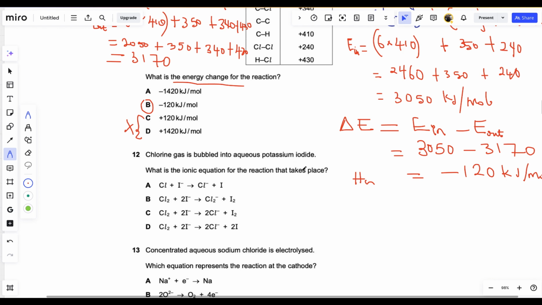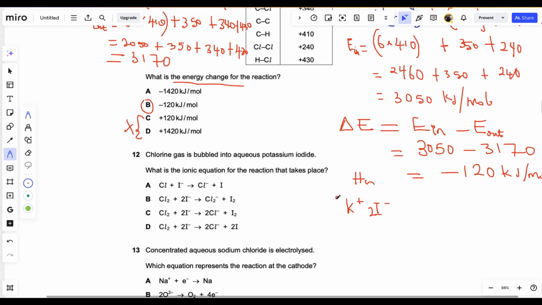So if potassium is K, you can break down the half equation. Iodine is minus, but multiply by 2 here because there are two of it.